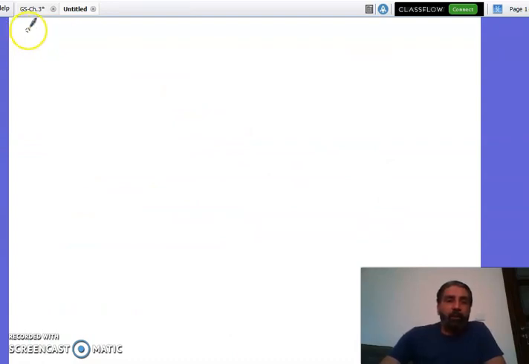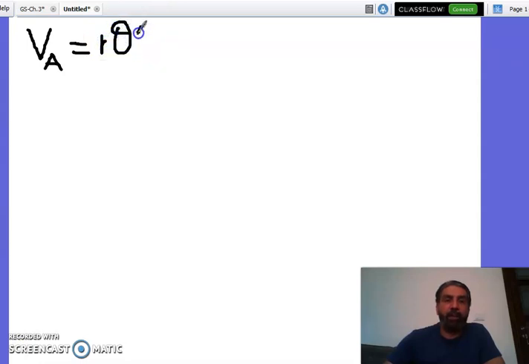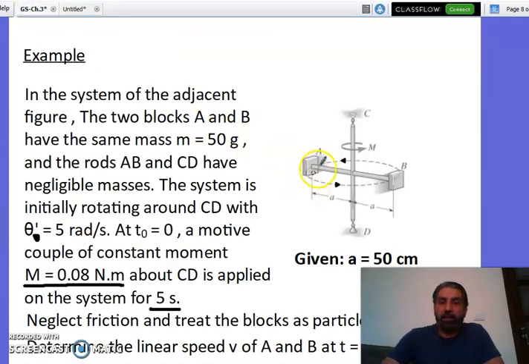Okay, first of all, you know that you want to find V of A or V of B. There is a relation between V and theta prime, right? V equals R theta prime. You remember this from last year, angular speed. But the radius here, this is the radius, because here is point O for the circle, right?